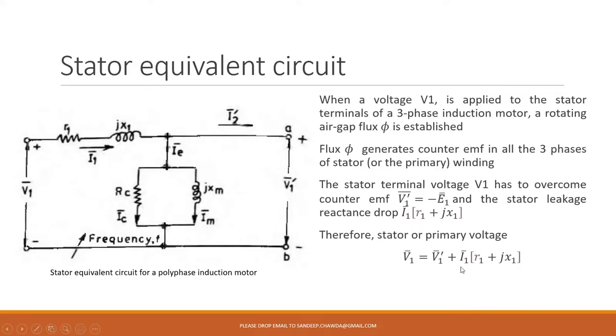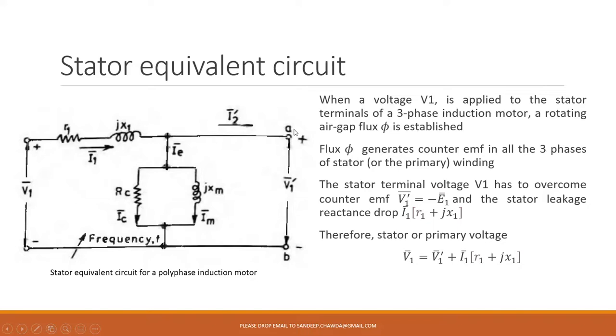Once you have the expression, you are in a position to draw this part. V1 will be your supply voltage. In order to obtain V1 dash, you need to add this drop. R1 is drawn, then X1 is drawn. The current flowing through this will be your I1.